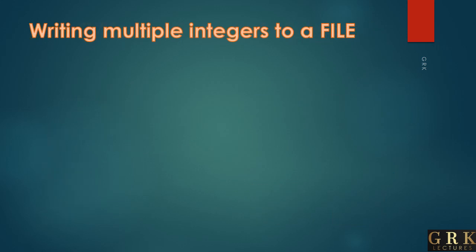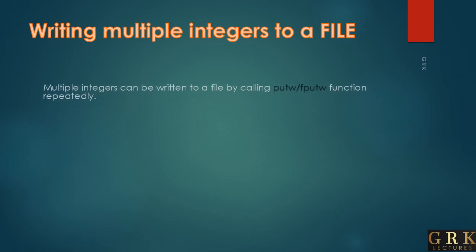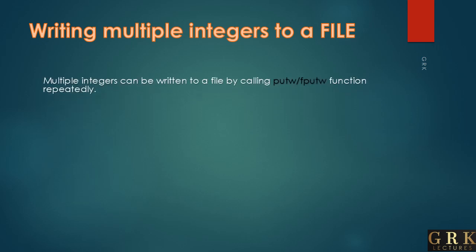In the previous slide, we discussed one example where we write only one integer to the file. We can also write multiple integers to the file, and read multiple integers from the file. When we want to write multiple integers to a file, the putw function should be called repeatedly.